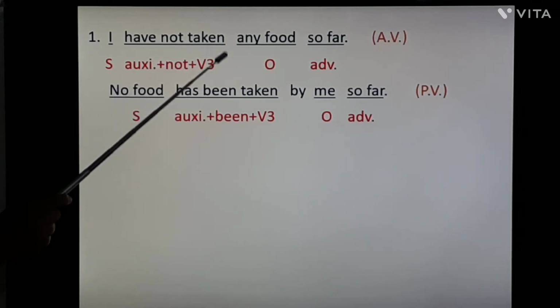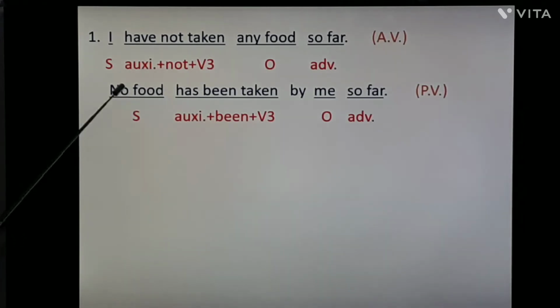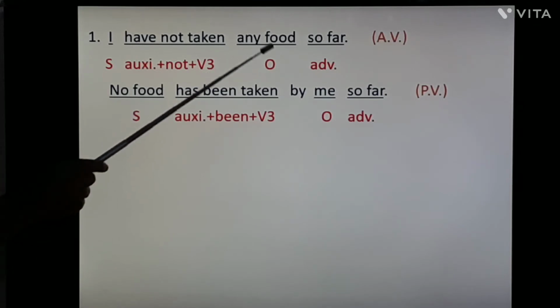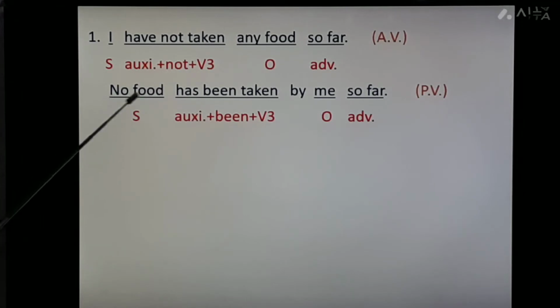Okay, and then while turning to passive voice, here when you use this no food, it means it has become negative sentence. So no need to put not one more time. So here no food, that is subject. Here any food, that is an object in active voice, and here no food, that is subject in passive voice.